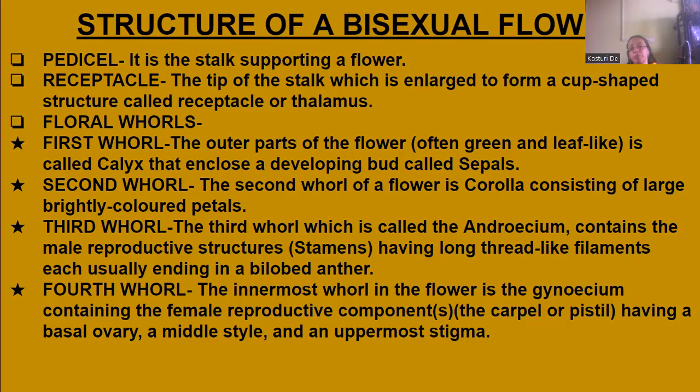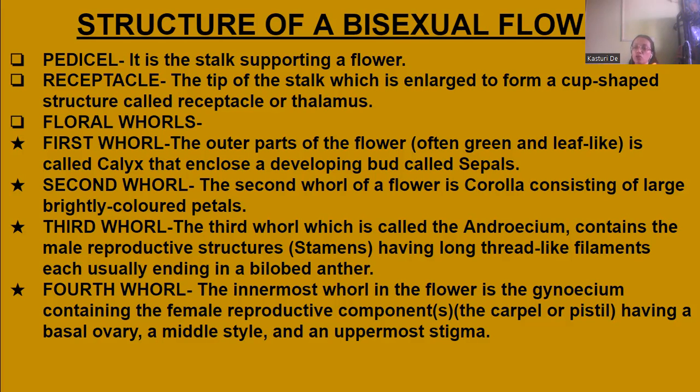It's a cup-shaped structure or a swollen flat structure which supports the floral leaves. As I told you, the flower is a specialized shoot. Like the shoot, the leaf has a stalk, like that a flower has a stalk, which is known as pedicel, and the leaves are attached to a certain structure.